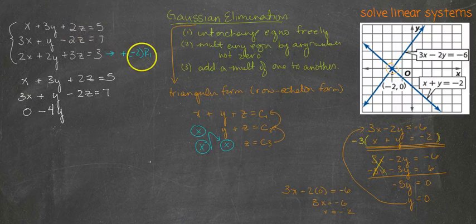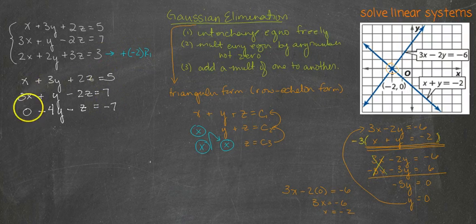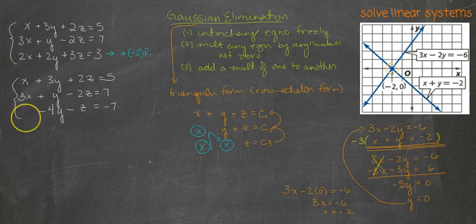Then 2z times negative 2 is negative 4z plus 3z is negative z equals 5 times negative 2 is negative 10 plus 3 is negative 7. So all I've done now is change my bottom row. Okay, that seemed to work for me. And I'm going to go ahead and erase this because I want it to be empty there and I want it to show up as empty.